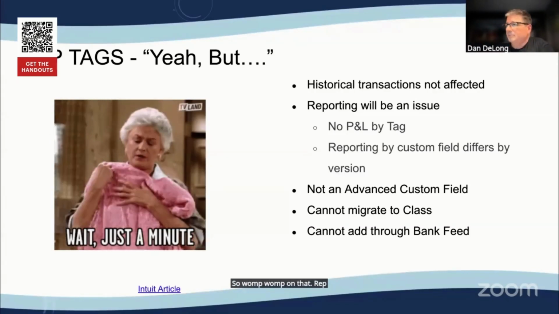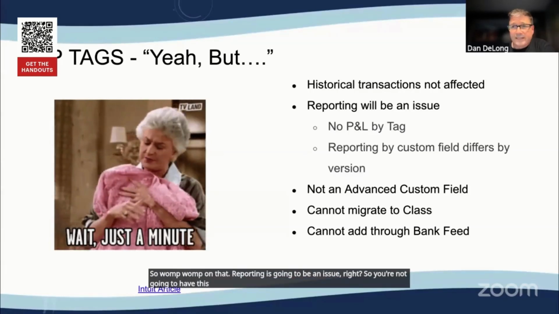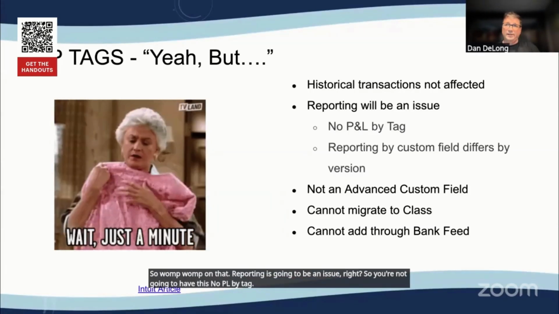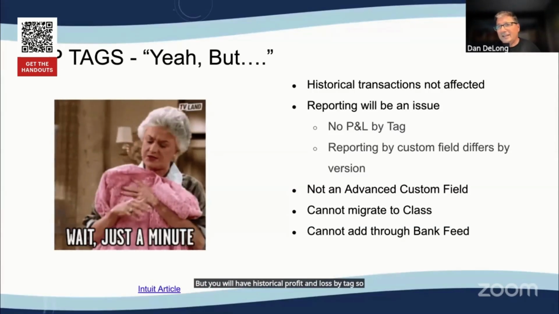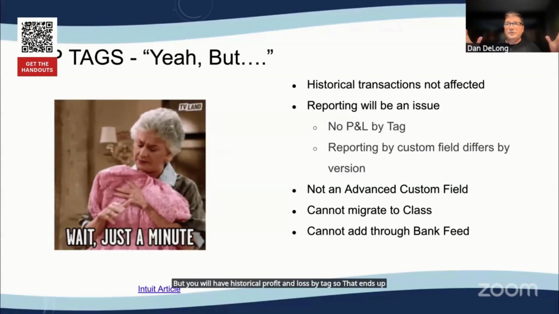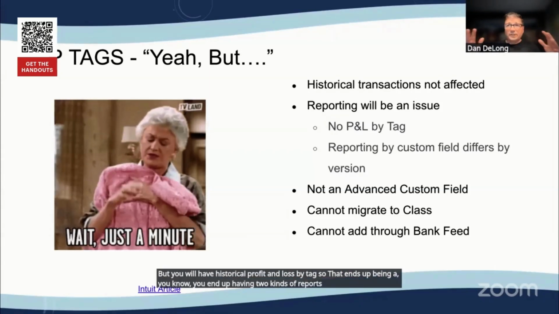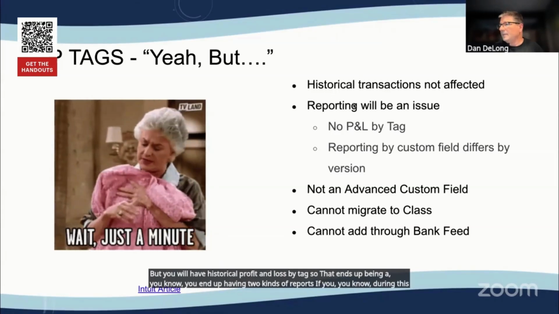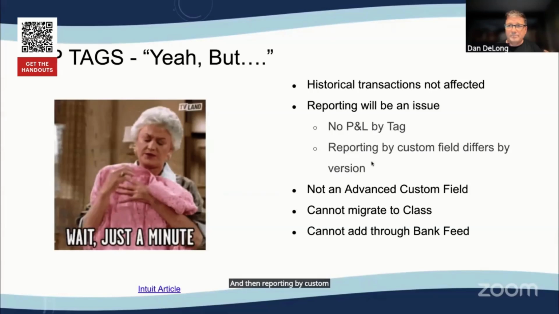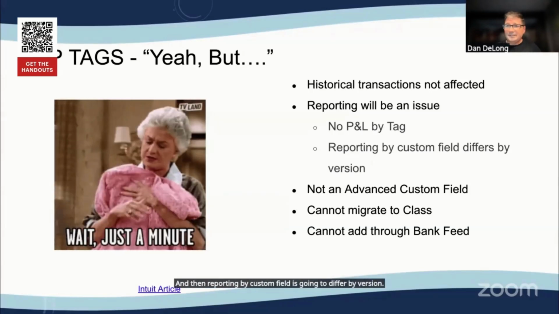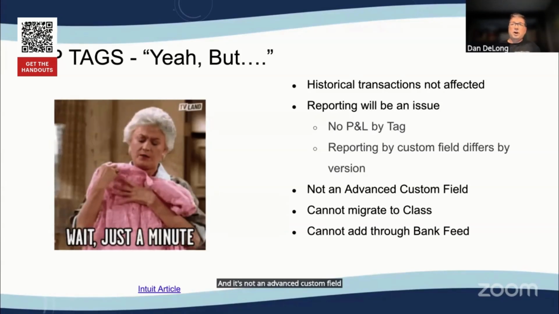Reporting is going to be an issue, right? So you're not going to have P&L by tag, but you will have historical profit and loss by tags. You end up having two kinds of reports during this transition period. And then reporting by custom field is going to differ by version, and it's not an advanced custom field in that regard.